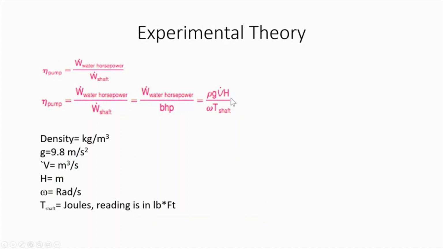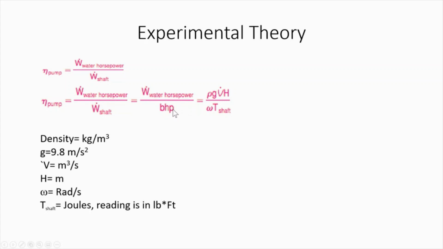So this is your water horsepower. Rho is your water density, g your gravity, V naught your volumetric flow rate, and h your height. And you divide it by the power of the motor of the pump, and that's the horsepower in here.